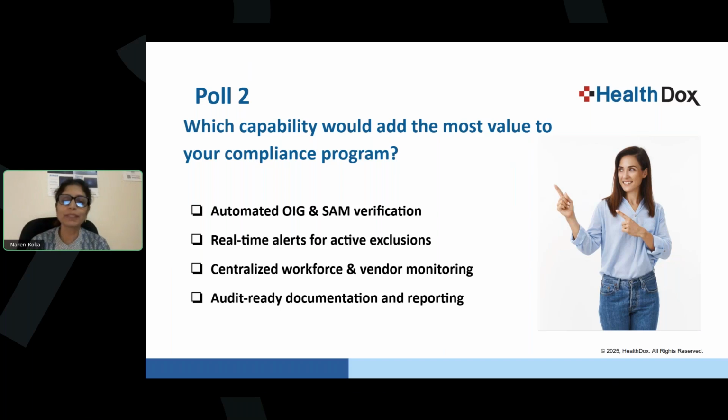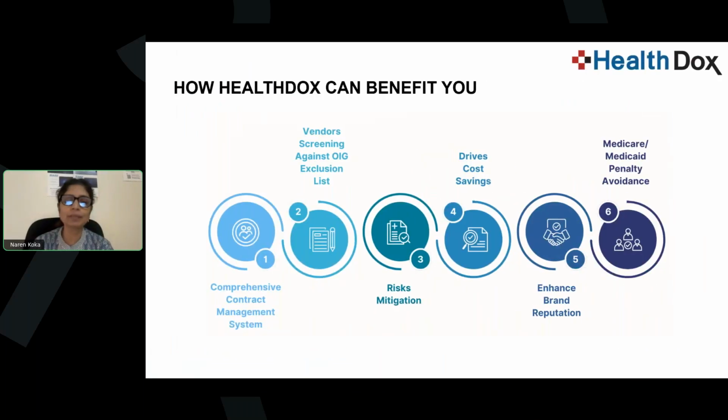Automated OIG real-time alerts for active exclusions, centralized workforce and vendor monitoring, and audit-ready documentation and reporting. But actually, it is all of them, right? If you go to the next slide, we have a contract management system which has all of these features in it. We can go to the next slide, please.